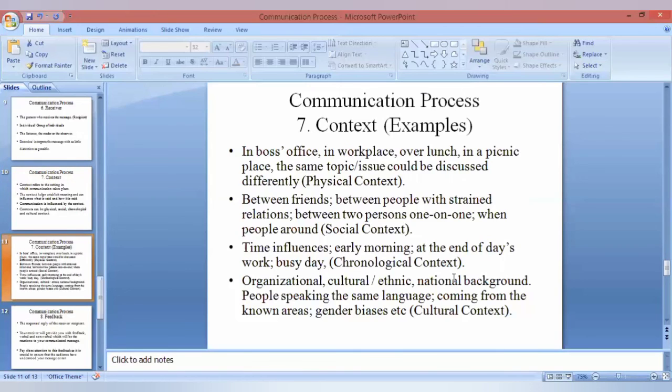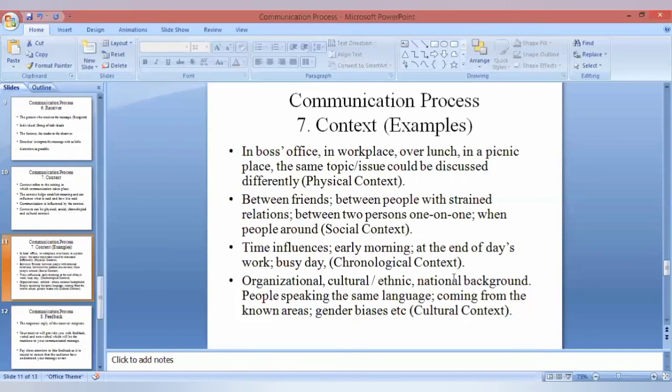And then there could be chronological context as well, like time influences different situations: early morning, at the end of the day's work, a busy day, for example. So these are different chronological contexts in which an issue can be addressed in the form of a message. Then there are cultural contexts as well, organizational.